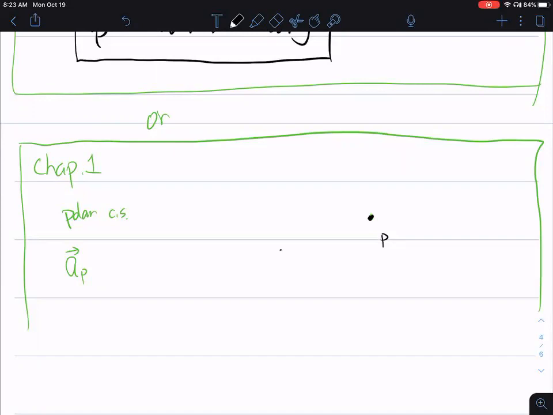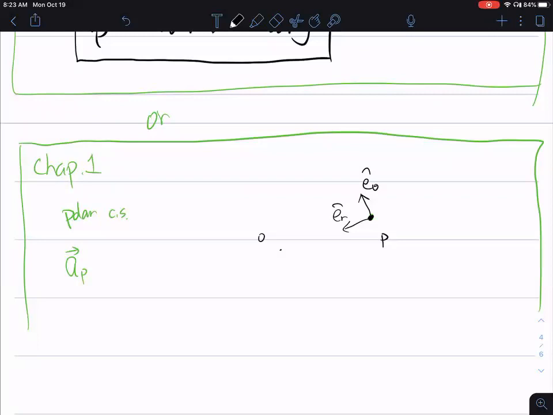If this is our O, ER. How about E theta? That should be perpendicular to that, facing increasing theta, so up. It's going up. Almost there.